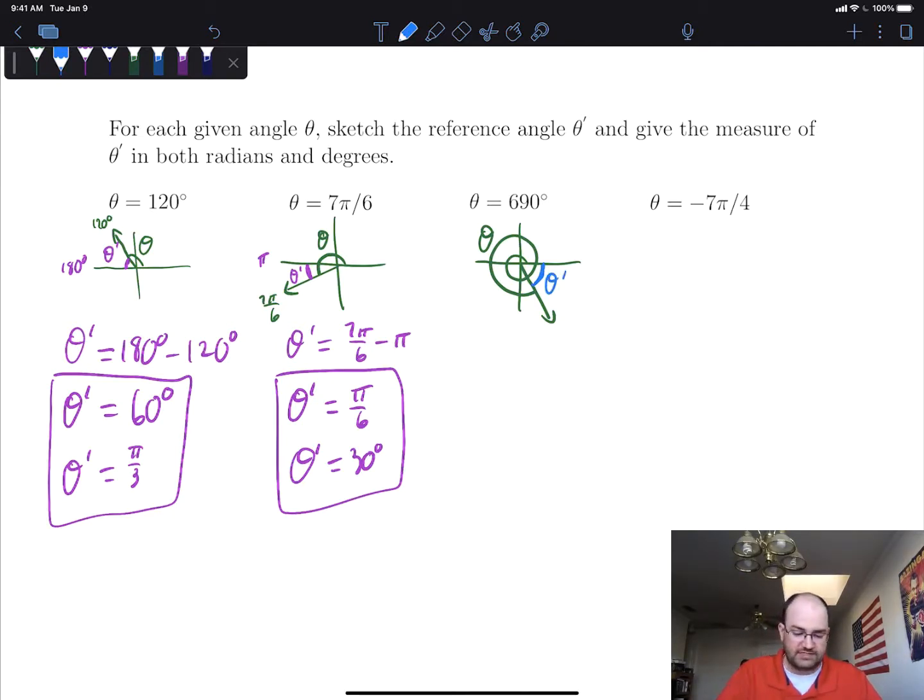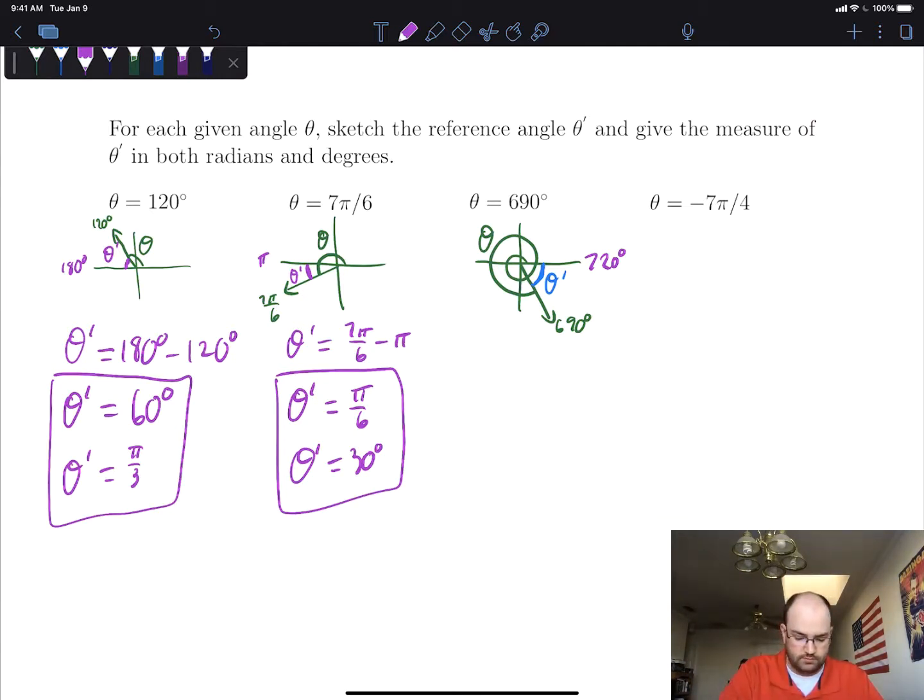And notice that since we want to just continue going in that direction, our original angle was 690 degrees. Going to the x-axis a little bit further, well, the x-axis at that point would be 720 degrees, because you just go to the next multiple of 360 there.